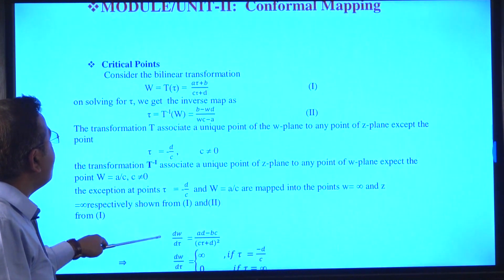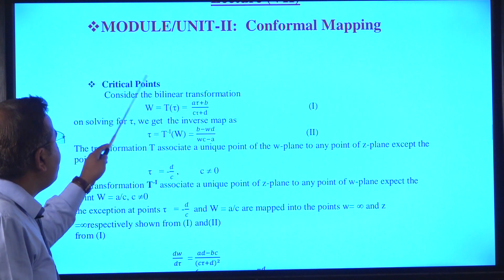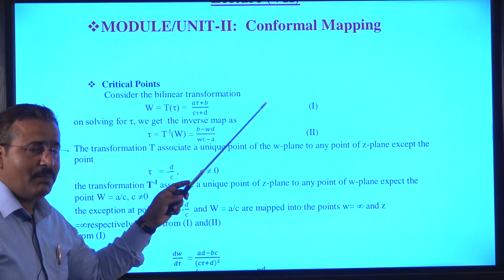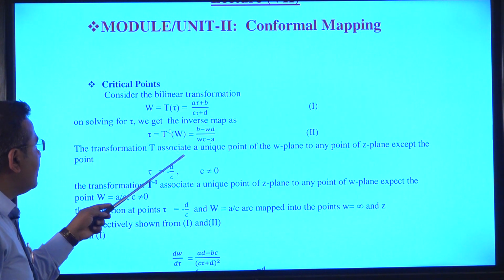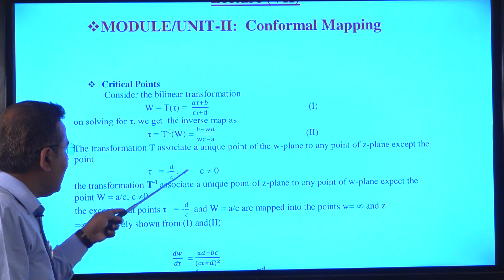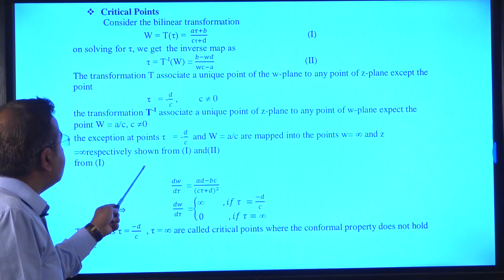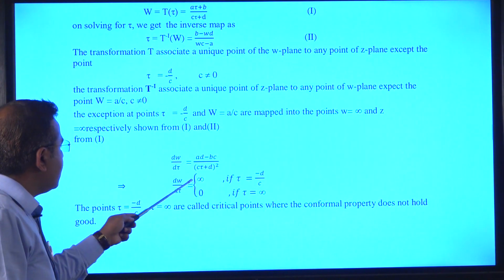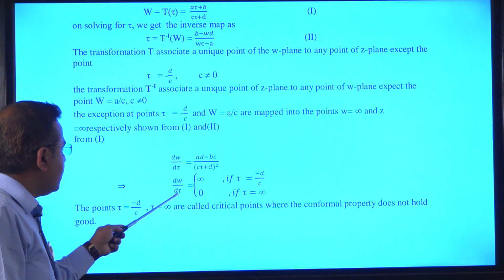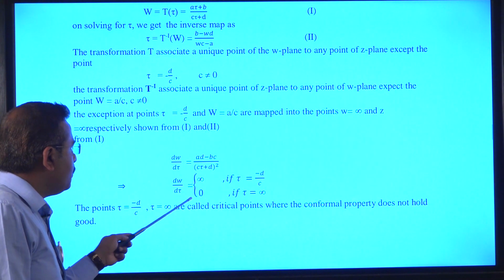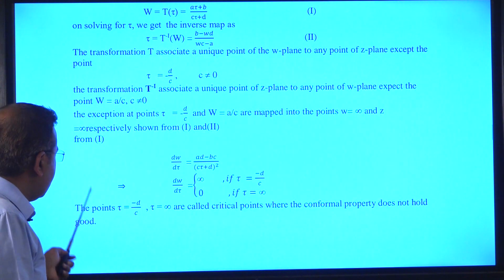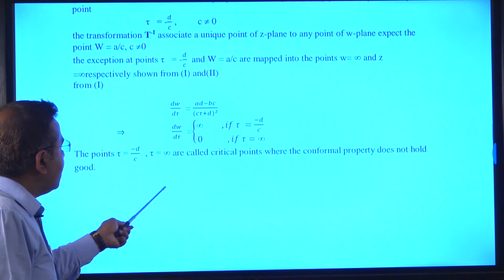In the sequence of conformal mapping, this is one of the important topics. When we talk about the bilinear transformation, its inverse mapping and its exceptional points, the conditions are dW divided by d tau equal to infinity when tau equal to minus D by C, and 0 when tau equal to infinity. So this is all about the critical points.